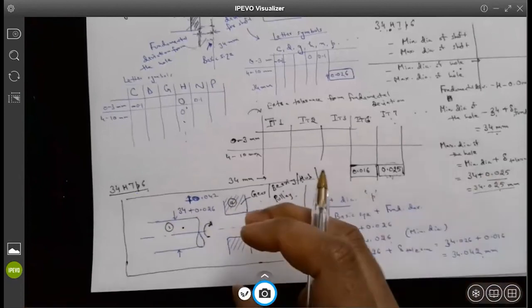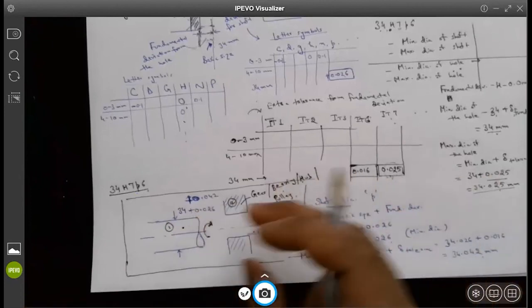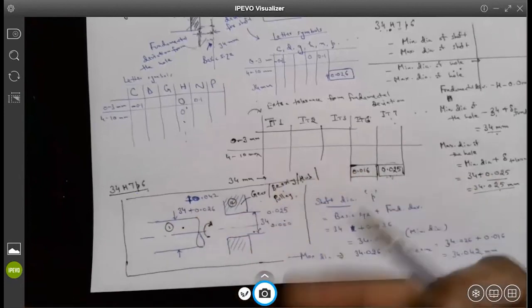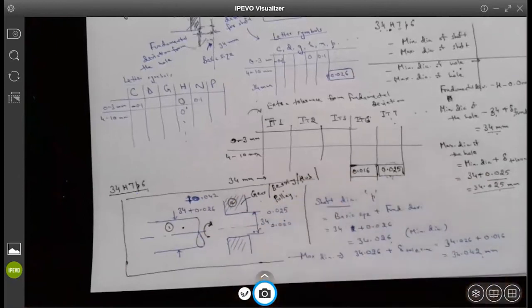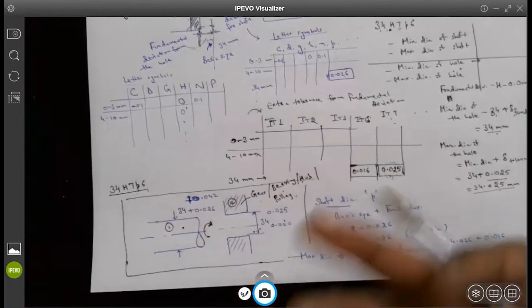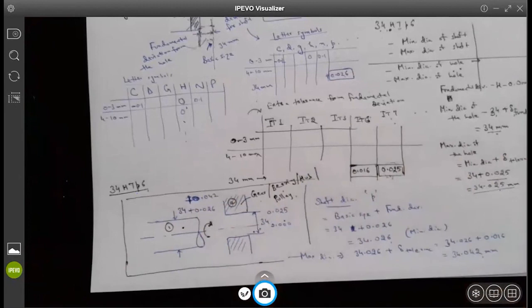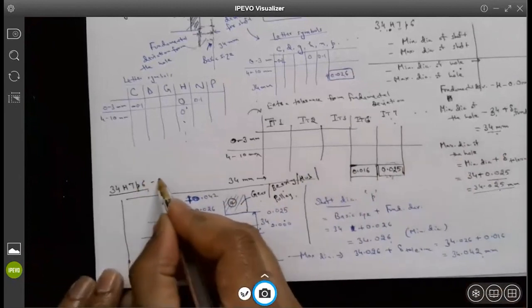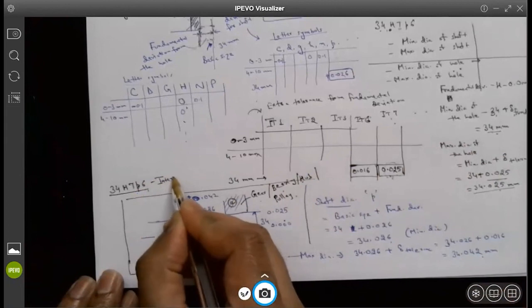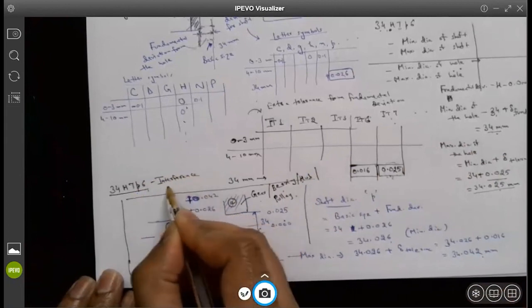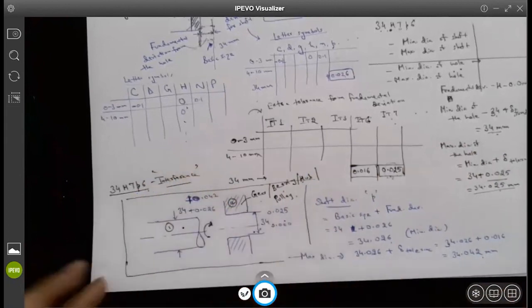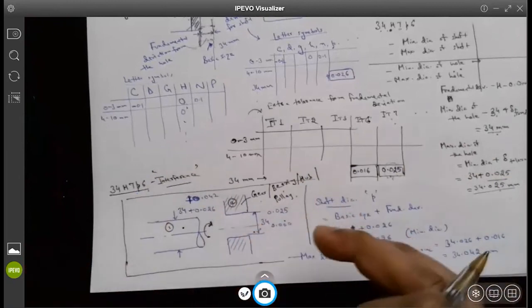If you fit these two components together, it ensures that the parts are going to rotate together. Everybody is following this much? Okay, now as a designer, what questions arise in your mind for this specific configuration and this specific situation?